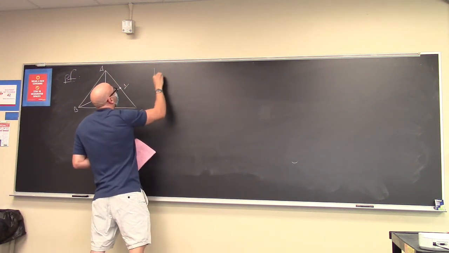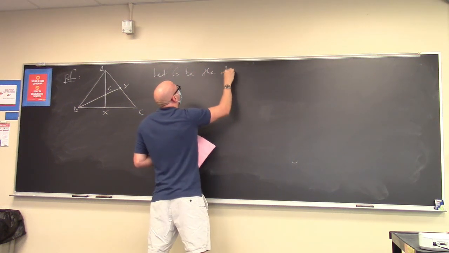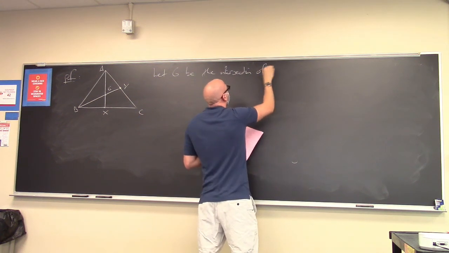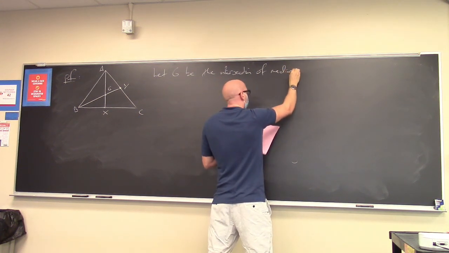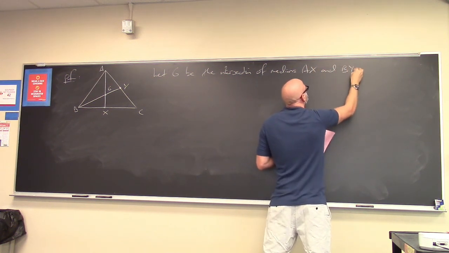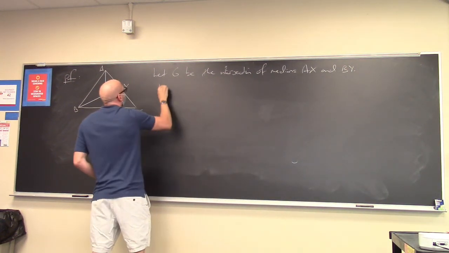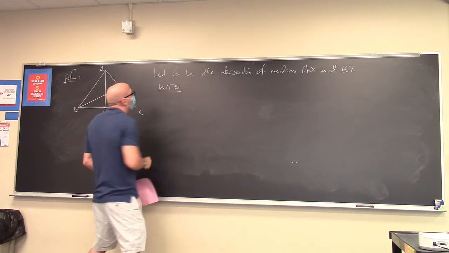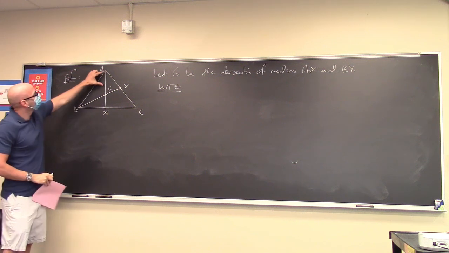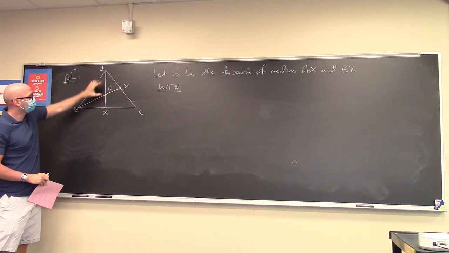but yeah. So let G be the intersection of medians AX and BY. What do I want to show? Well, I want to show that G lives 2/3 of the way down this line, right? So in other words, I want to show that AG is twice as long as GX.